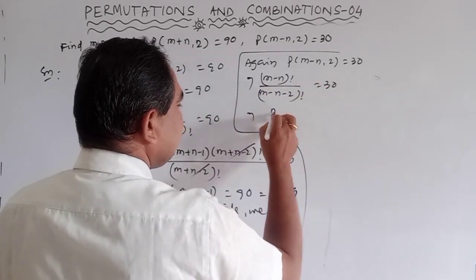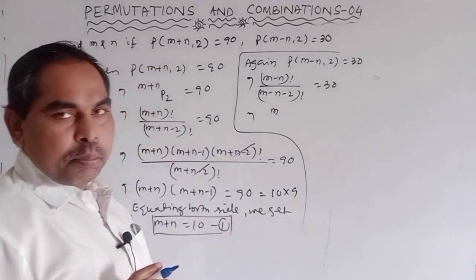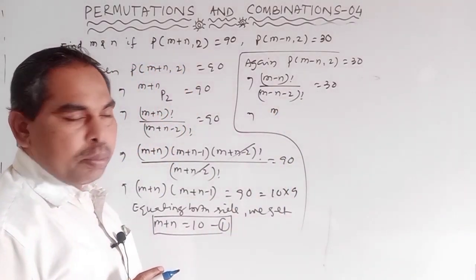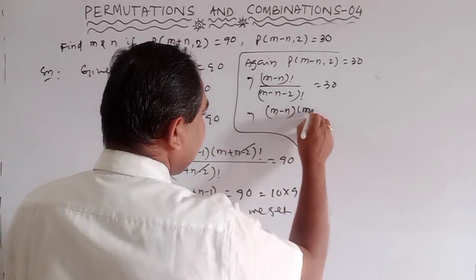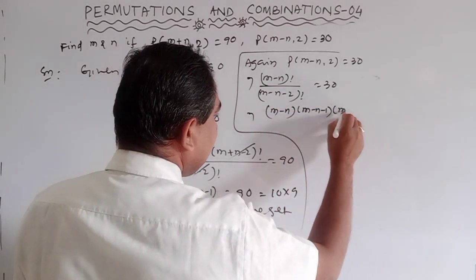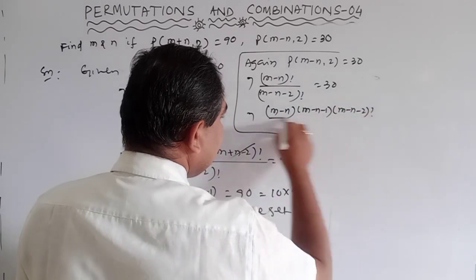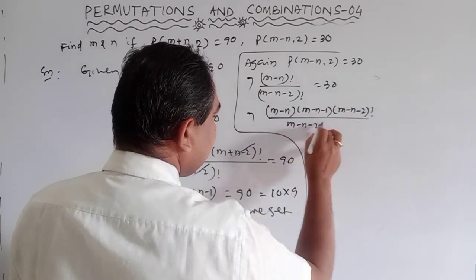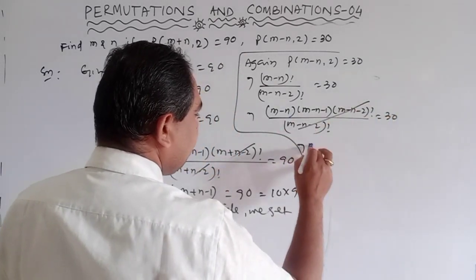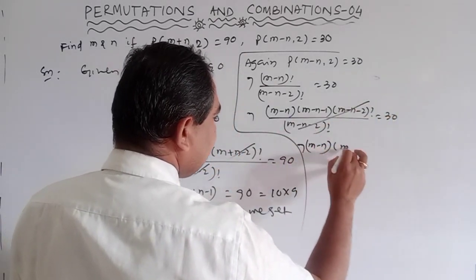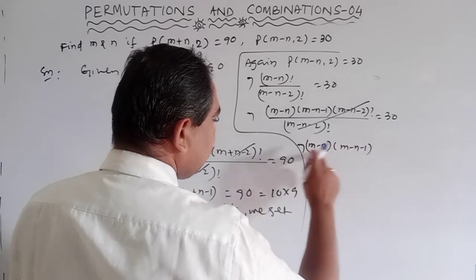So m minus n is greater than m minus n minus 2. So expand m minus n factorial. This is m minus n into m minus n minus 1 into (m minus n minus 2) factorial divided by (m minus n minus 2) factorial is equal to 30. Cancel this. So m minus n into m minus n minus 1 is the product of two consecutive numbers.